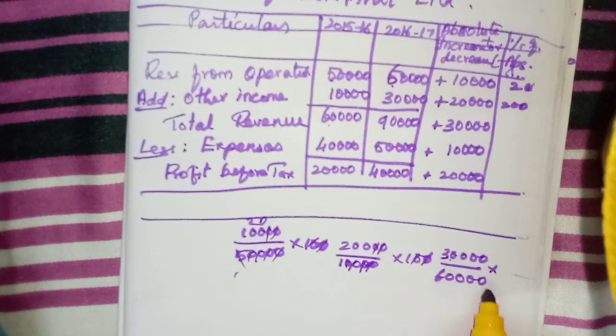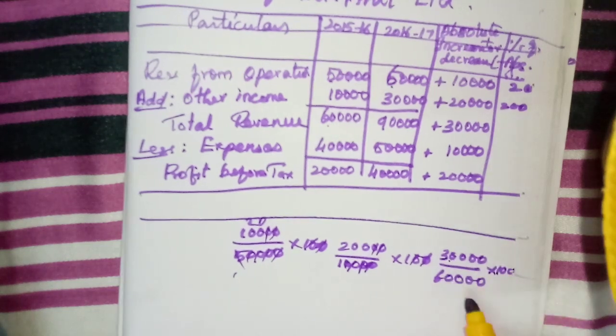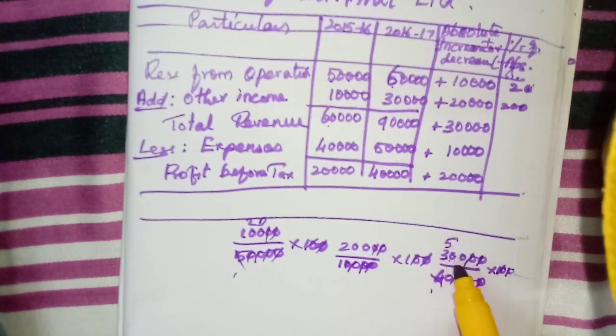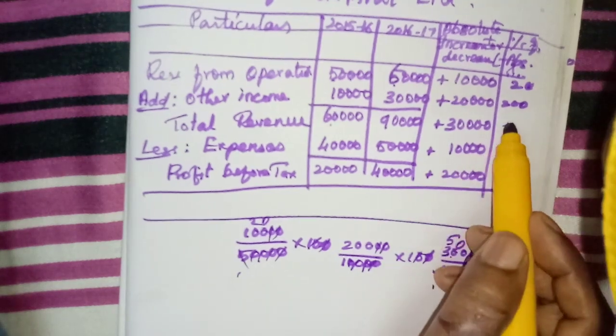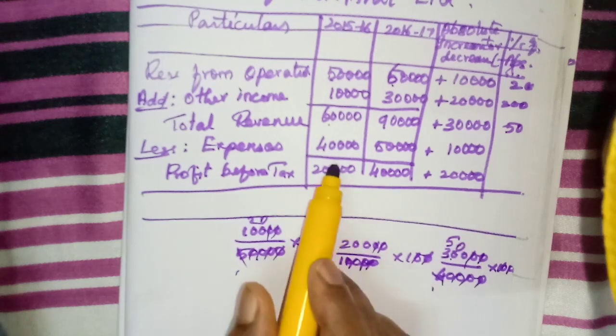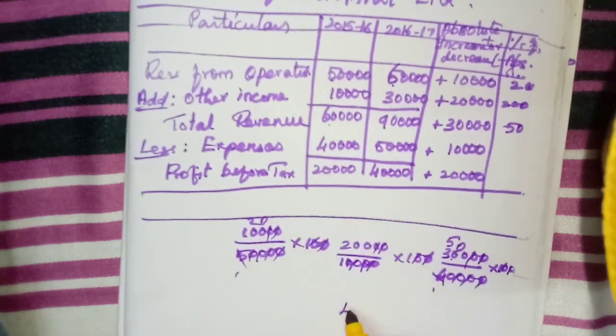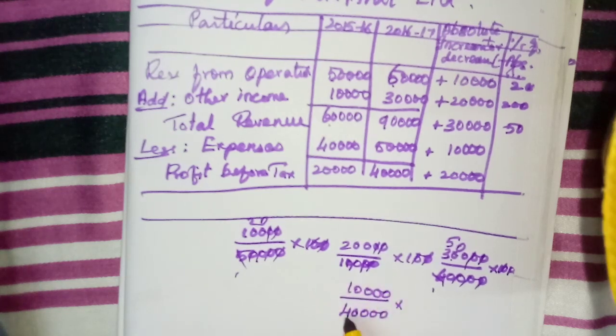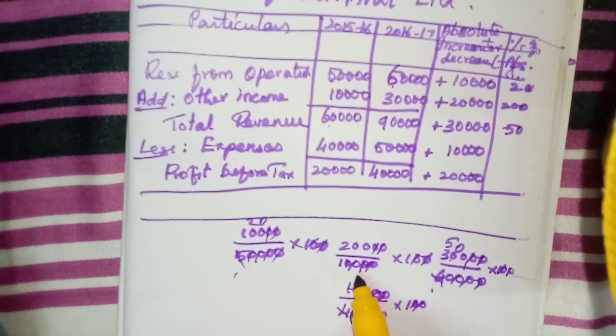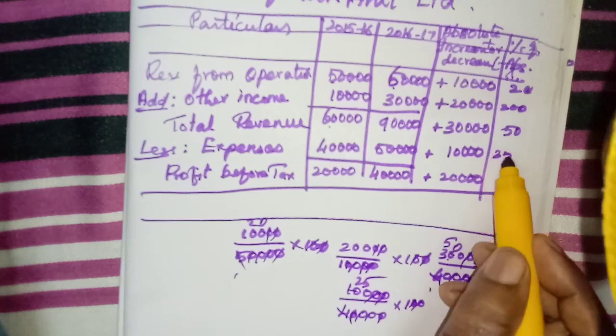For 60,000, 30, so for 100 we will get 50. Here for 40,000, 10,000: 4 ones, so for 100 divided by 4, we will get 25%.